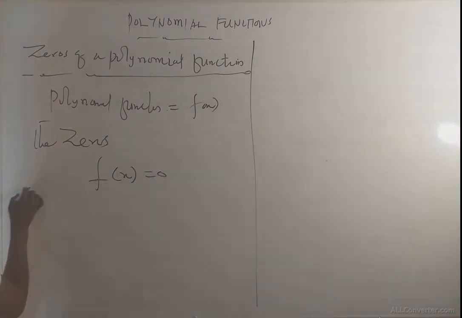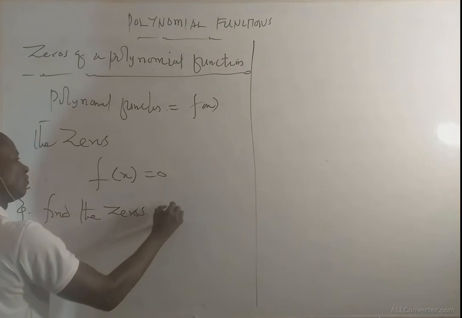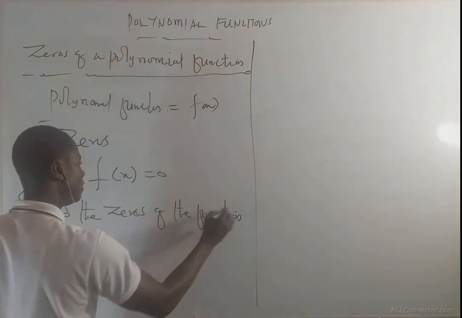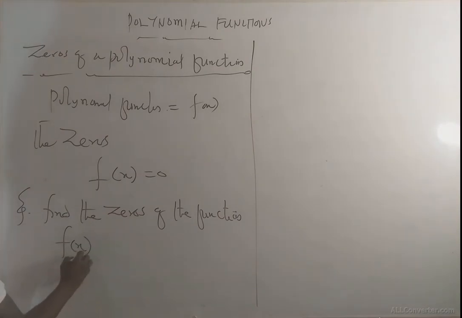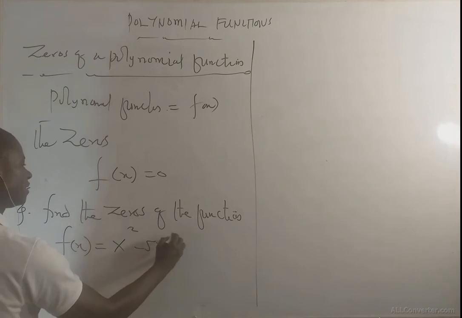Now, assuming we are asked to find the zeros of the function f of x equals x squared minus 5x plus 6.